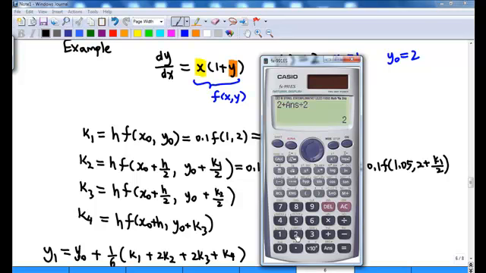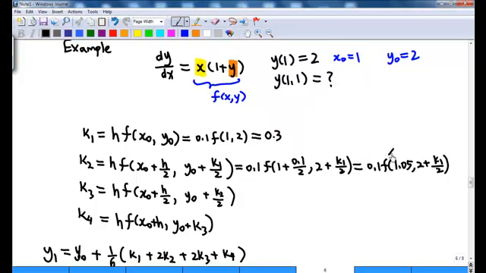This is the value of y, press equal. So this is the value of K2. Convert to decimal using SD, 0.33075. So K2 is 0.33075.